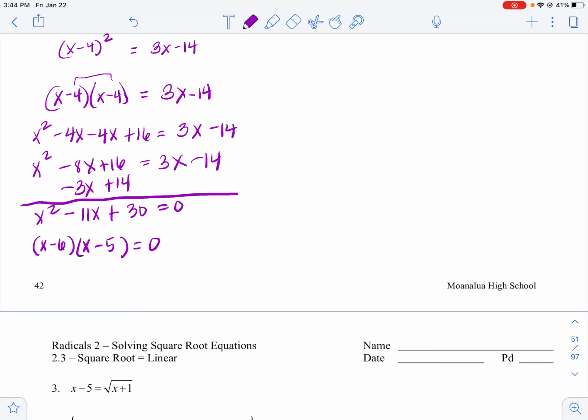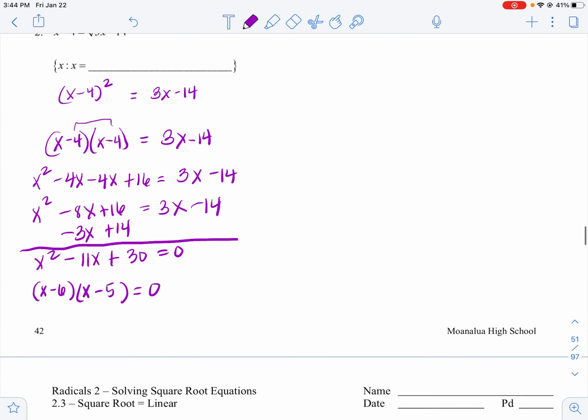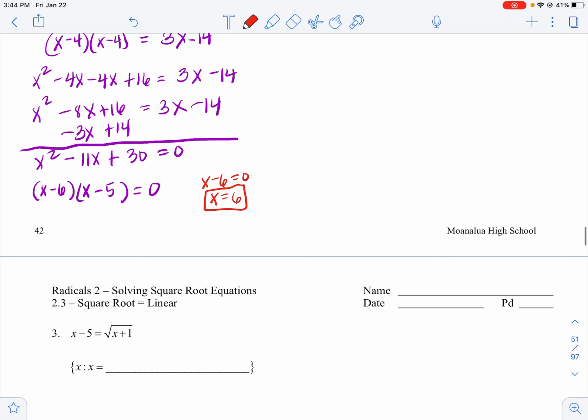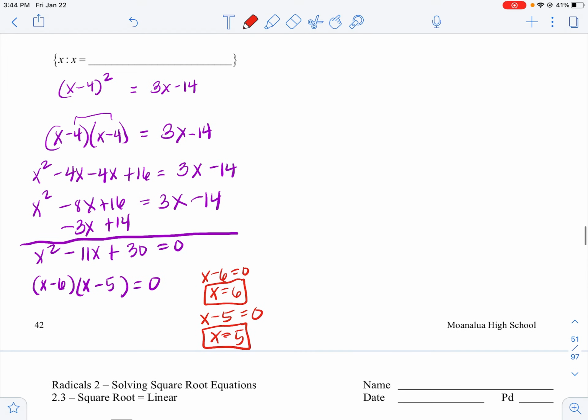Because we're making them both equal to 0, let us do that over here. x minus 6 equal to 0, that is a positive 6. We will also do the same thing for x minus 5 equal to 0, we'll get a positive 5. Now we have two answers, we have 5 and 6.